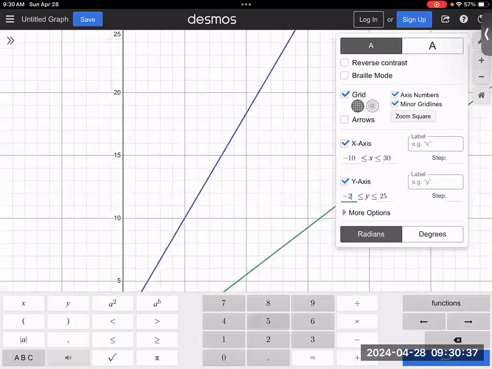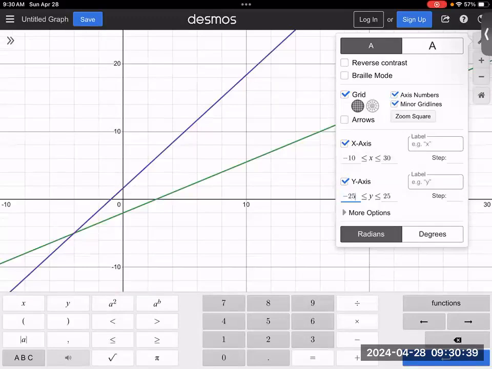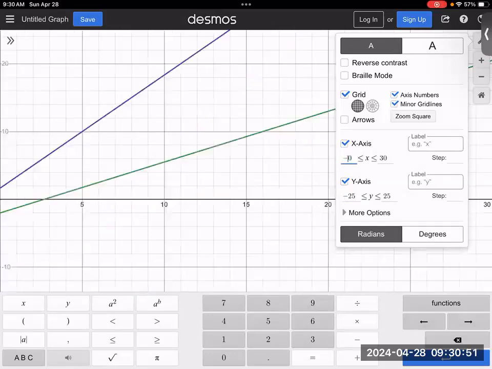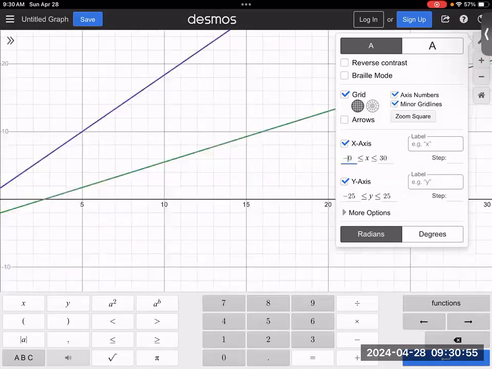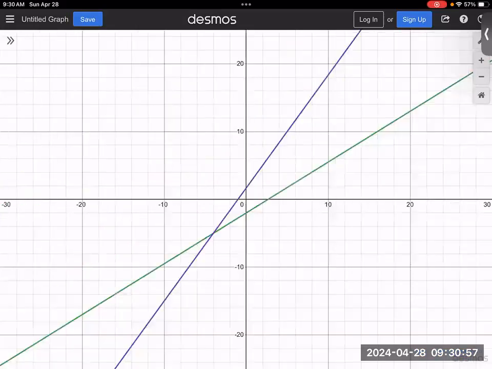So maybe I even just match my y value from before. Now I still perhaps want to get a little more to the left, meaning my x minimum. So maybe something like 20, or maybe as well, I match it to the other one. So here you have your special feature, that intersection being the primary focus.